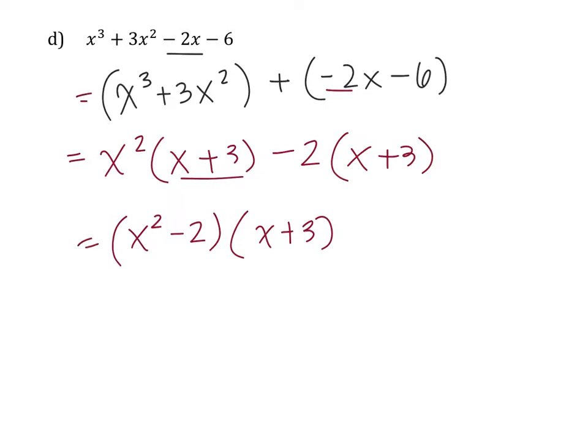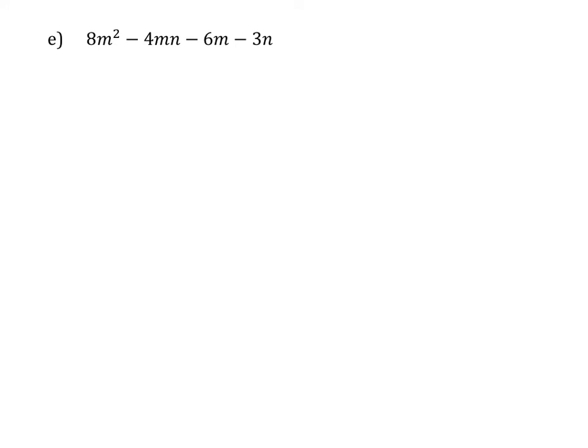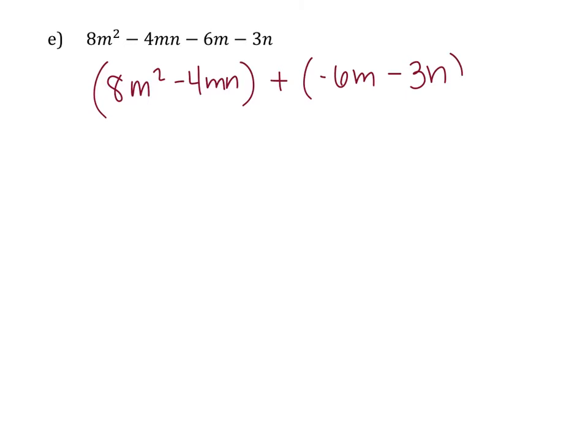Moving on to another example. I have another negative, so I'm going to add and then keep that negative with the 6. 8m squared minus 4mn plus negative 6m minus 3n. Okay, so this first one, I know they're both divisible by 4.